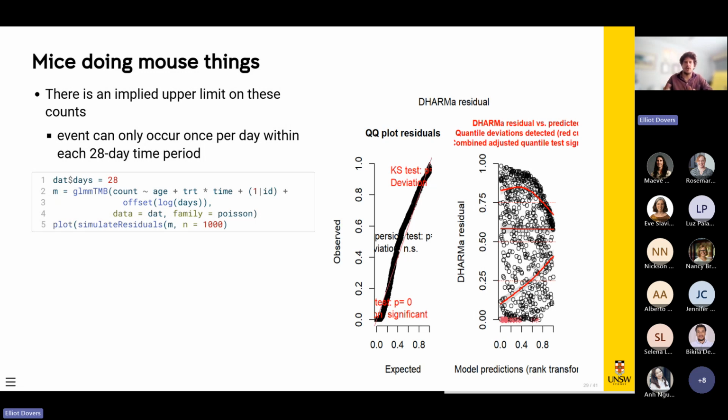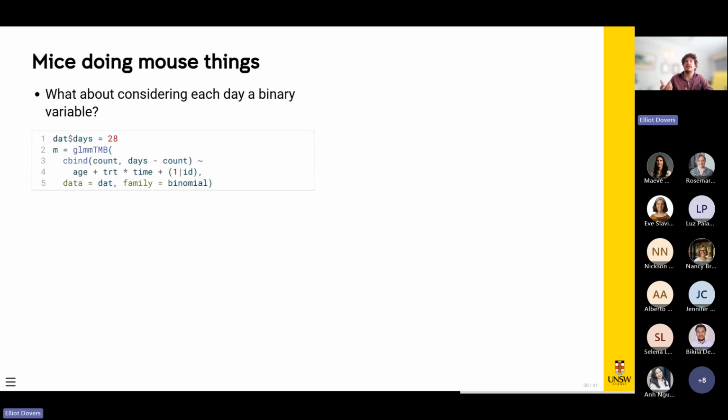So something's going on with approaching this count data, or is it really count data, by a Poisson distribution. So what if we consider instead each day being just a binary variable? So each day is like what we call a Bernoulli trial. It's either a success or a failure of these events happening.